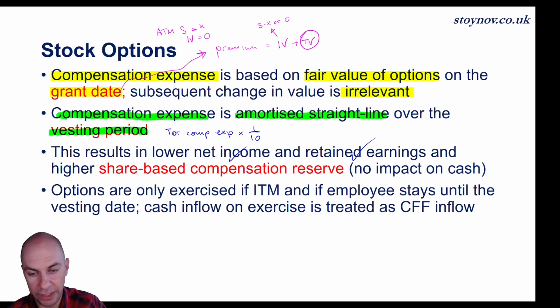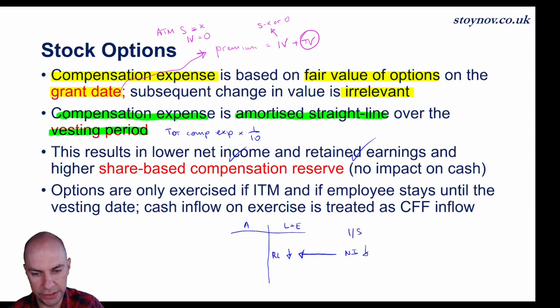But if you think about your balance sheet, assets on the left, liabilities and equity on the right, if my equity has declined due to the lower net income on the income statement, and I should be more specific here, I shouldn't say equity, I should say retained earnings. If retained earnings has declined on the right-hand side, but cash hasn't declined, this is a very big advantage of share-based or option-based compensation.